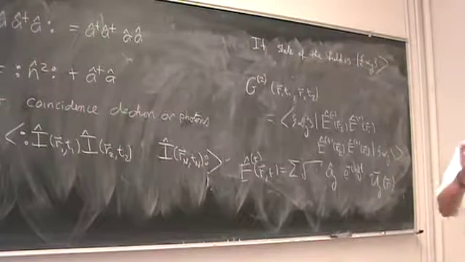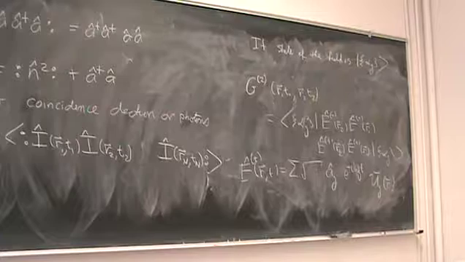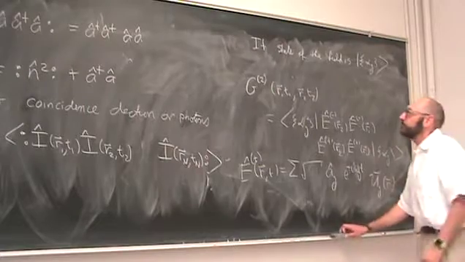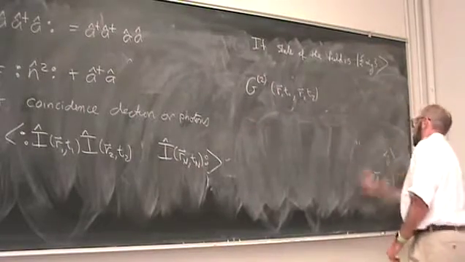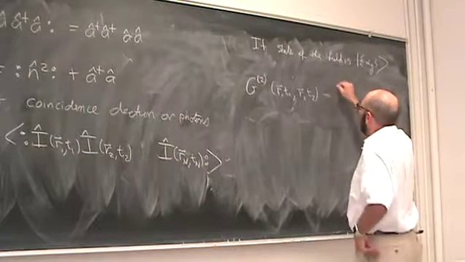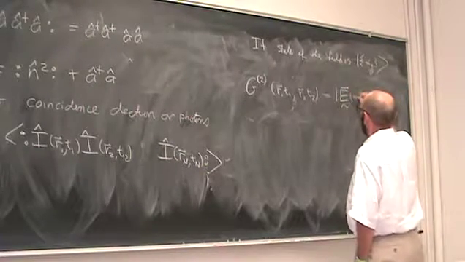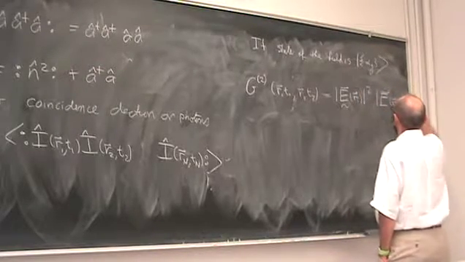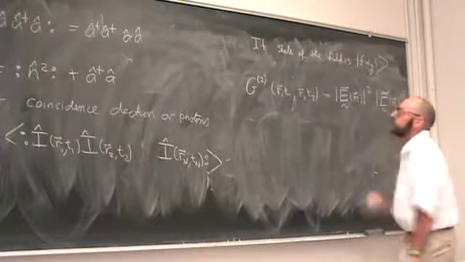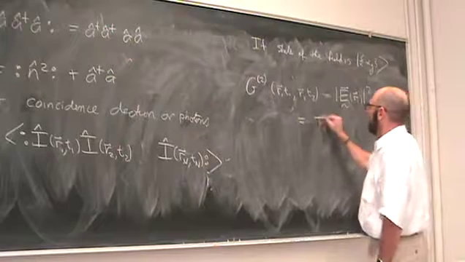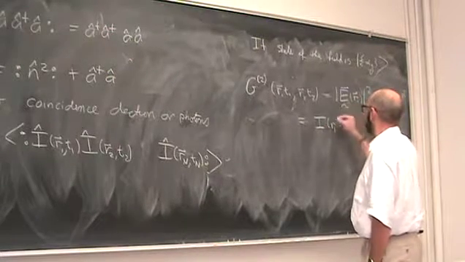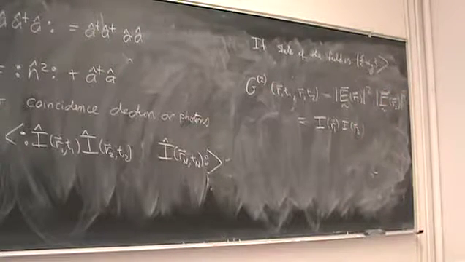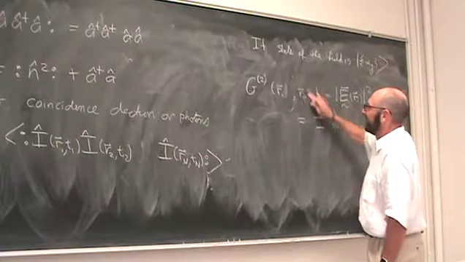So by having it in normal order, the expectation value of the normally ordered product, if it's a coherent state, just gets replaced by whatever that complex amplitude is associated with that coherent state. Or said equivalently, it's the intensity at R1 times the intensity at R2. Maybe you have time in there as well if you like.